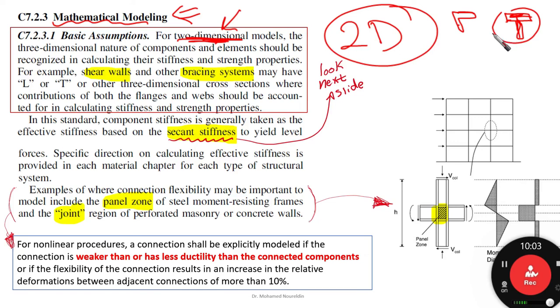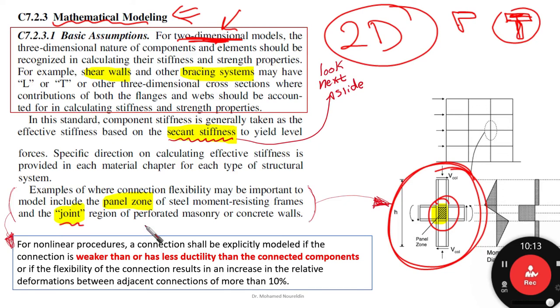And the other issue is related to the joint. We need to take care of the joint, especially the panel zone for steel moment resisting frames, or the joint region of perforated masonry or concrete walls. Remember well that we need to take care of them because they are going to have a great influence on the seismic performance of the 2D analysis.